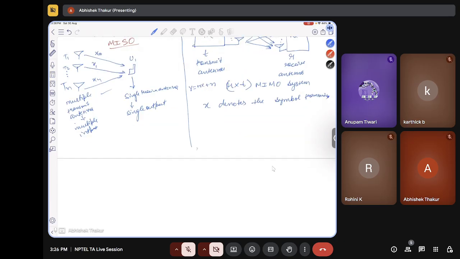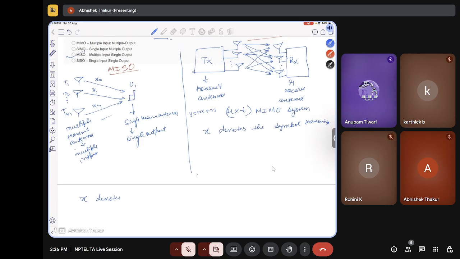So let's come to the next page. X denotes the T symbols transmitted from the T transmit antennas, because there is T transmit antenna.